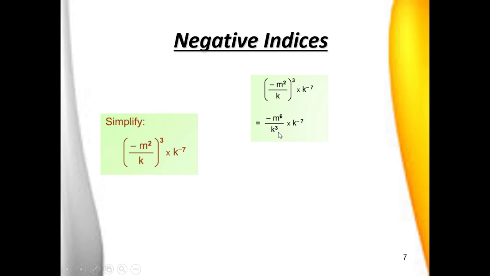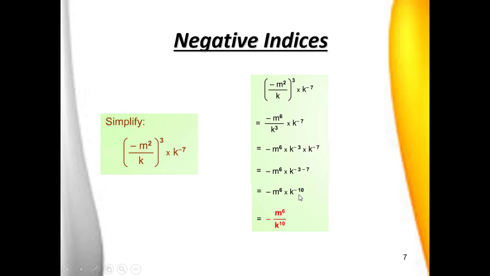Next, we're going to combine the k with the k and leave the m alone. So k you can put as k to the power -7, then -3 because you are doing division, so division is subtract. And so you have k to the power -10.